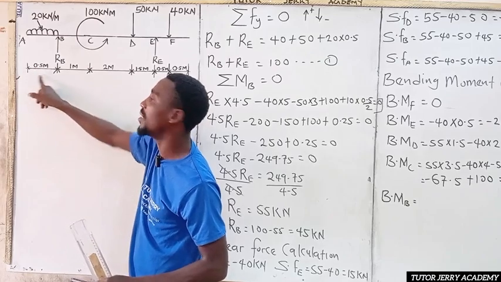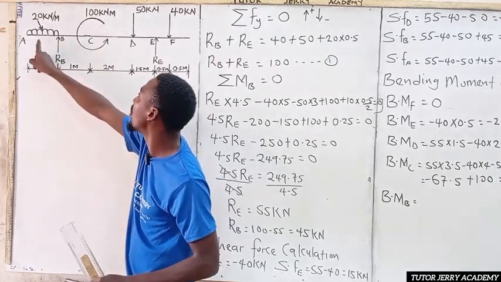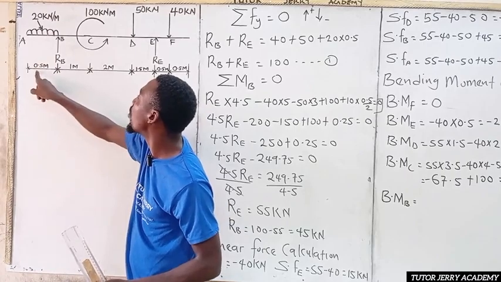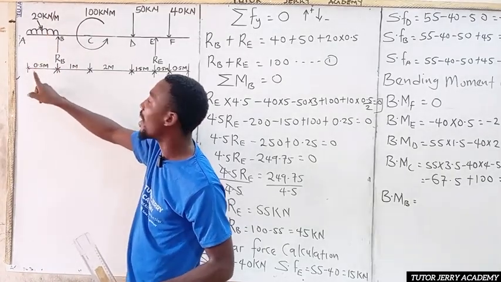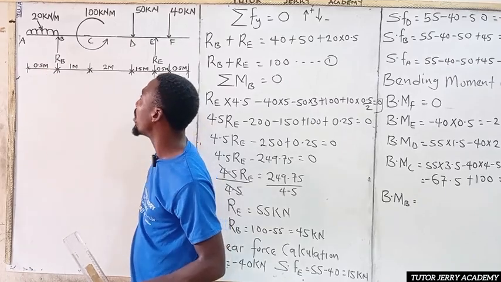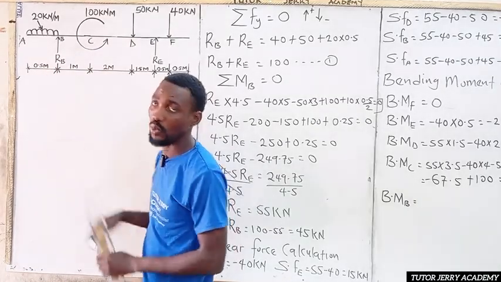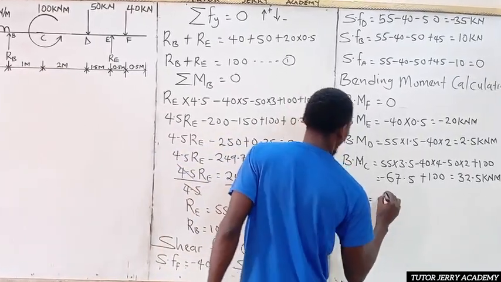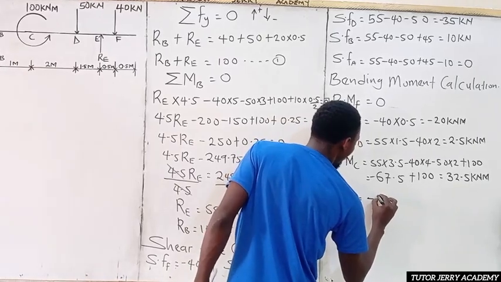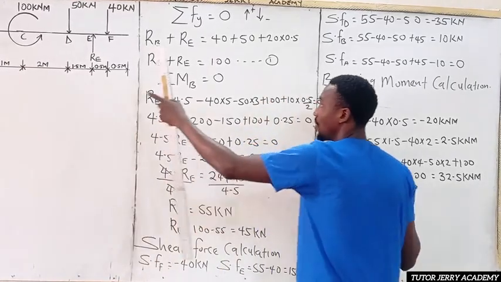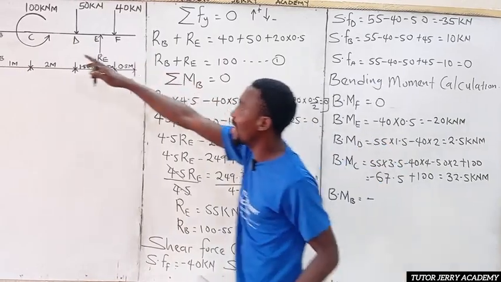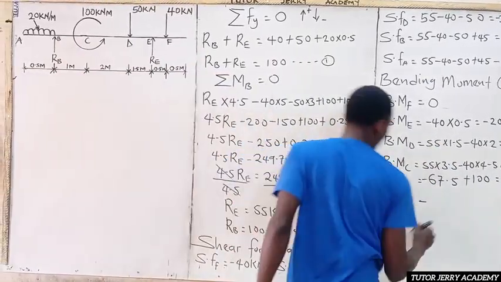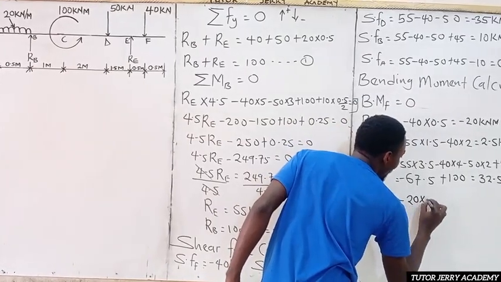And that 10 is going to act at half of this line. So it's going to be minus 10 multiplied by 0.5 divided by 2. Because some people may still not understand this, you convert this to a point load, that is 20 times 0.5.